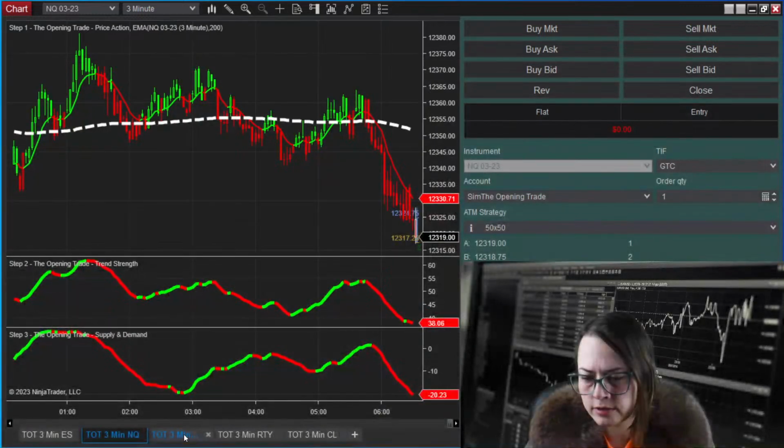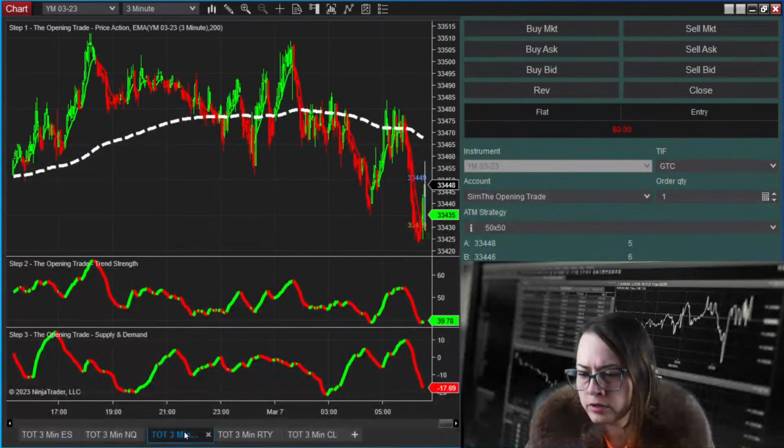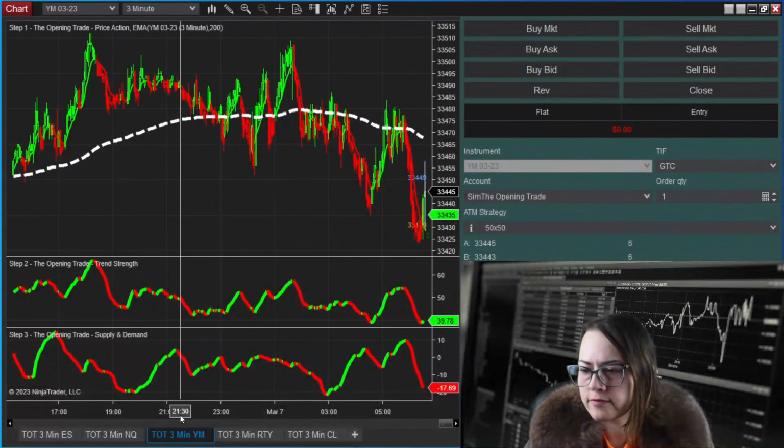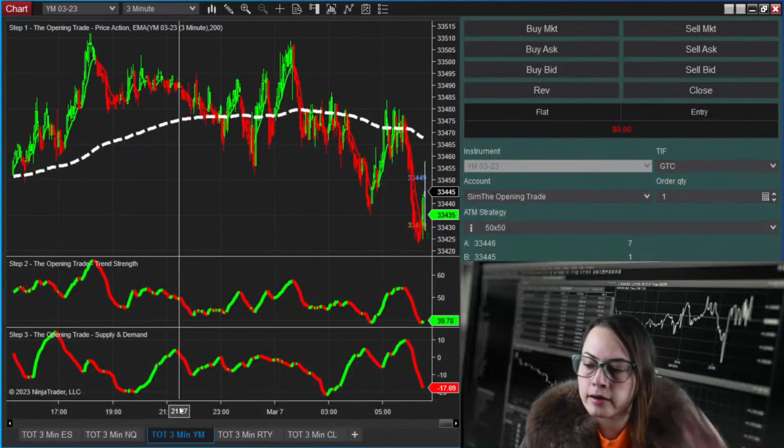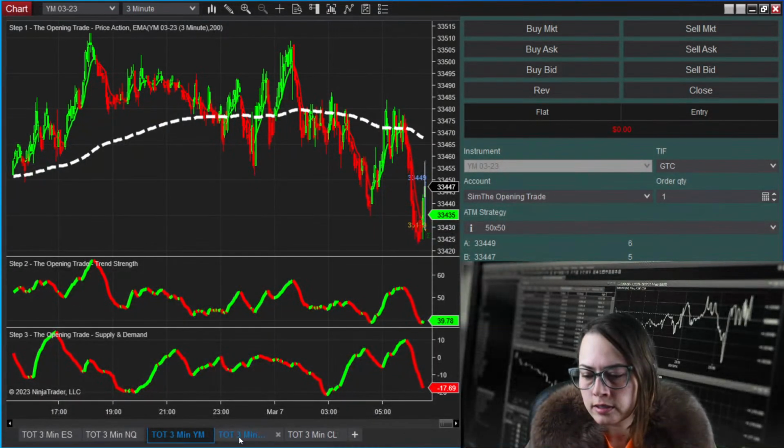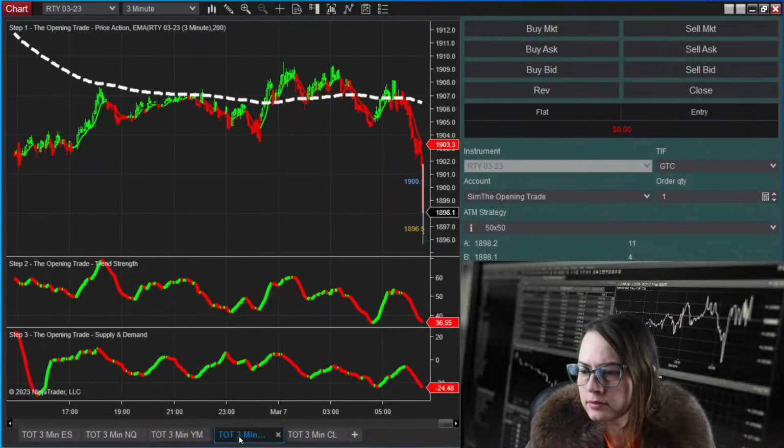All right, so let's take a look at the Dow. Here's the Dow. We see that it's coming back. It's trying to find the support to come back up to the 200 period EMA line. All right, so here on the Russell, we can see we're very far from the 200 period EMA.